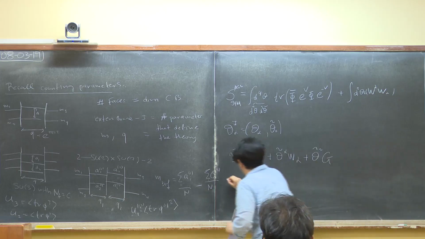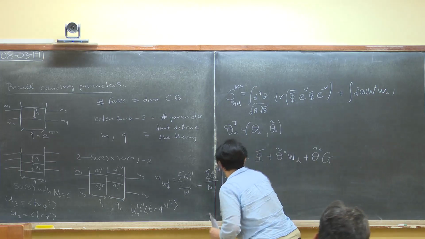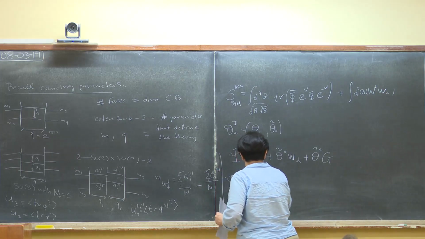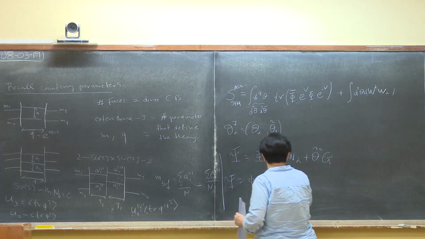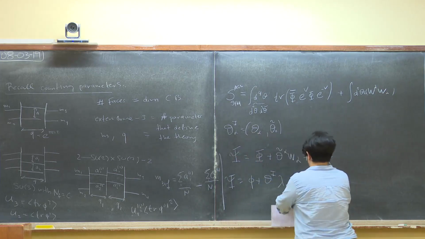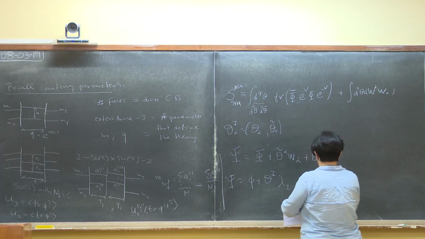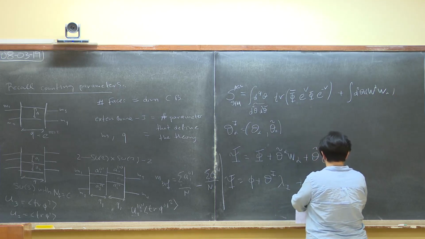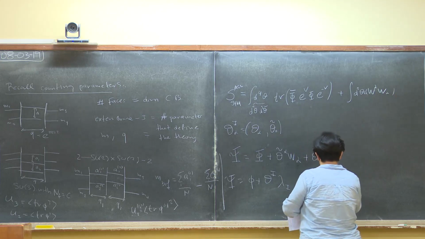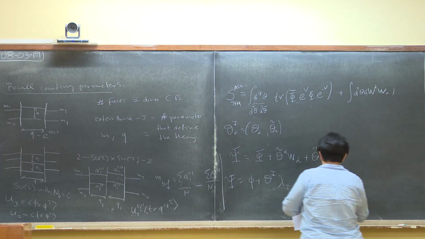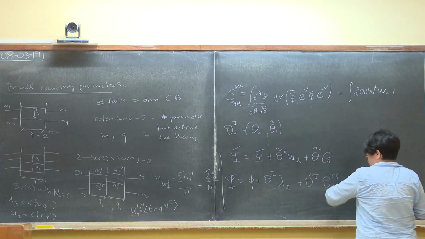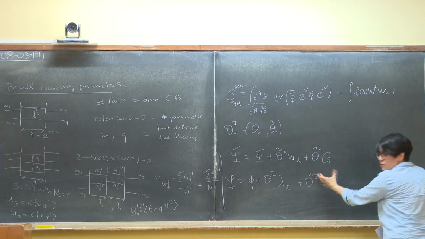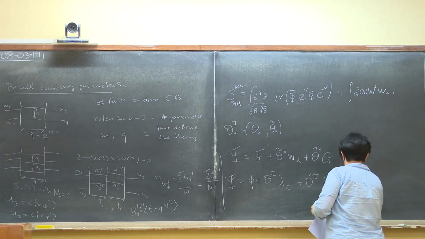And if you want in components, you can also write it like this. Theta I, lambda I, and then you can continue. Here it is also very important to do your indices right, because the fermions are Grassmann. So if I contract in my things, this I have to make symmetric.